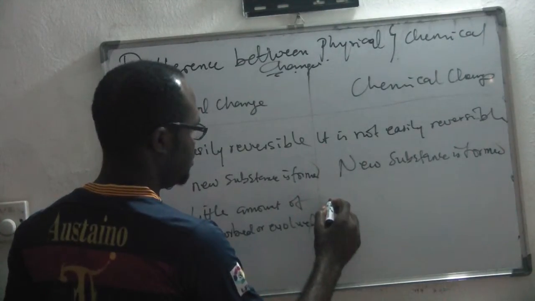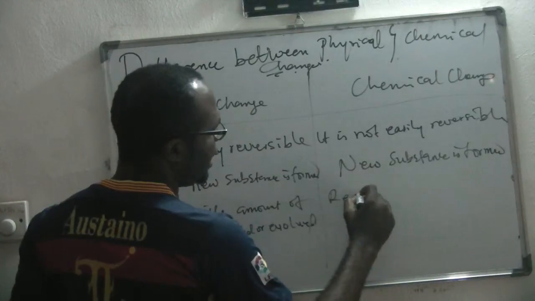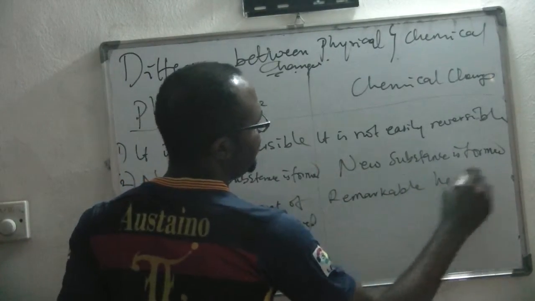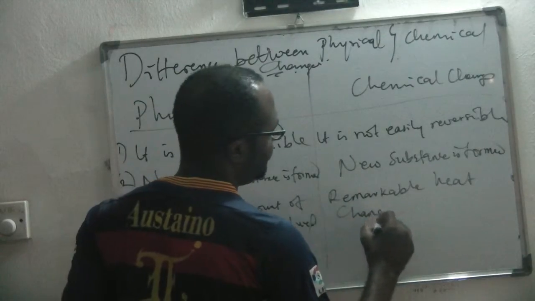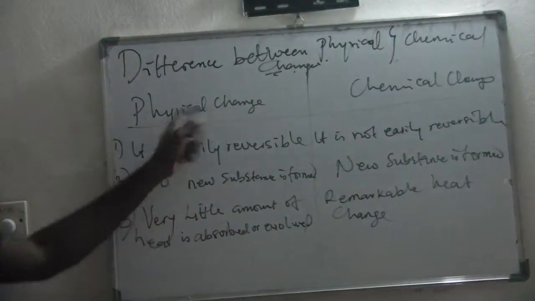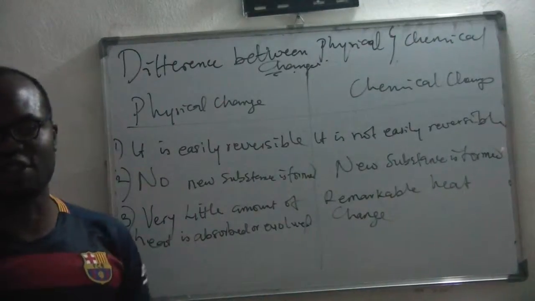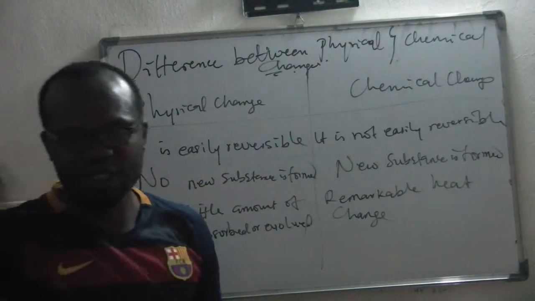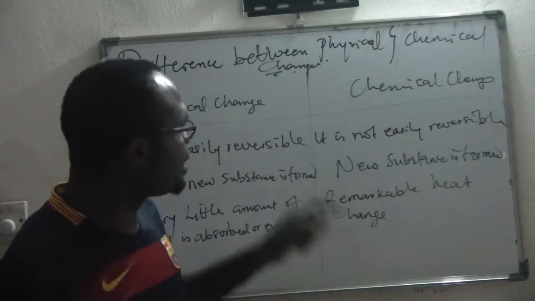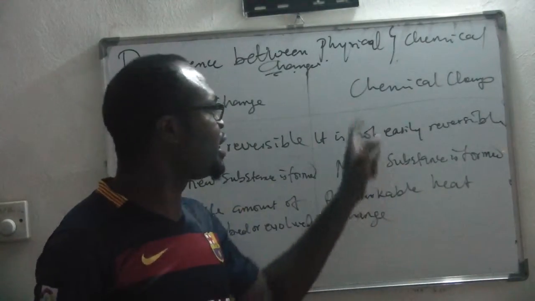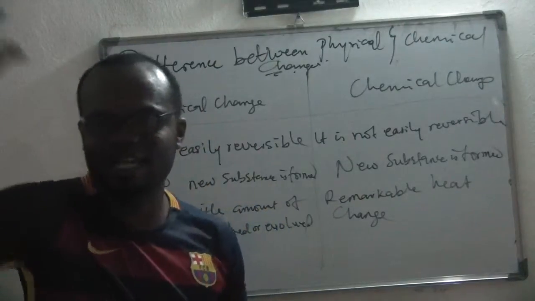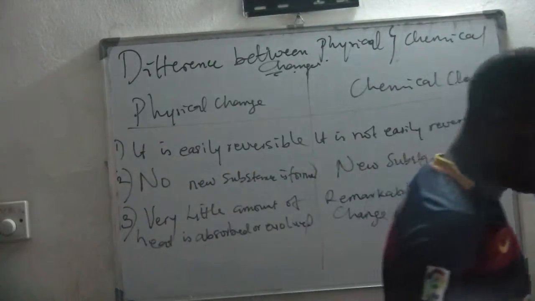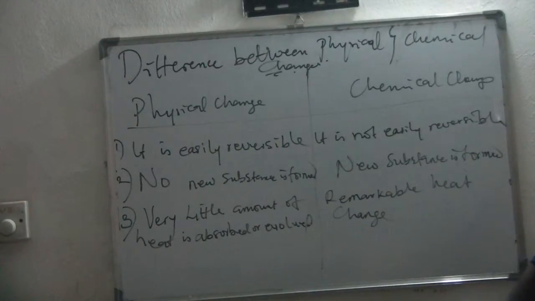Remarkable heat change. So whenever a physical change is taking place, there is very little amount of heat given off or taken in. Is that clear? Yes. But in chemical changes, there is a large amount of heat either given out or absorbed. Is that clear? Yes, sir.